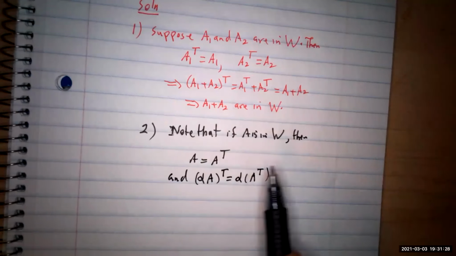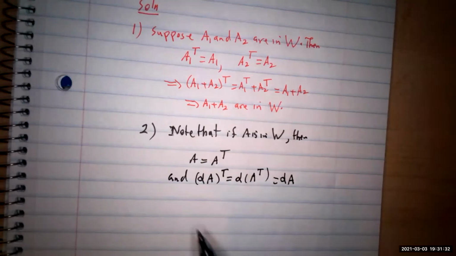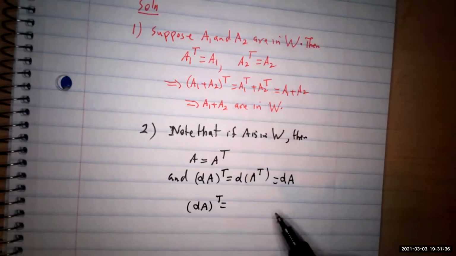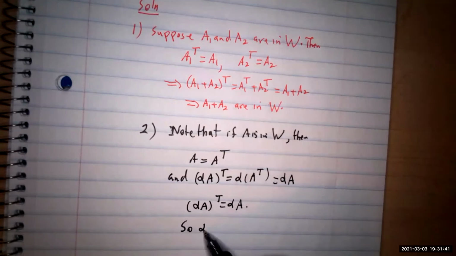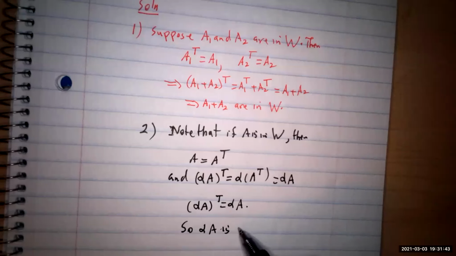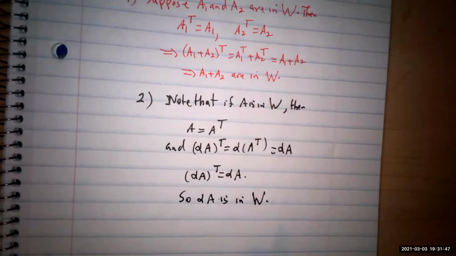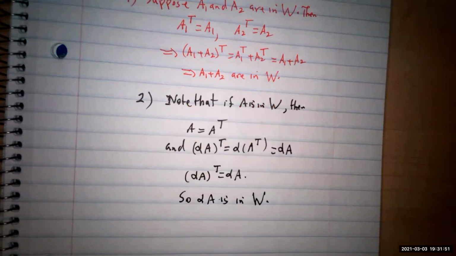But A transpose is the same as A, so that gives alpha A. So what do you prove? You prove that alpha A is also symmetric. So alpha times A is in W. So W is closed under addition and scalar multiplication.